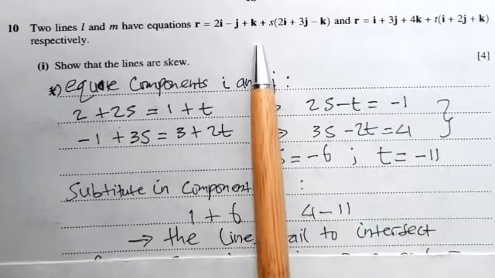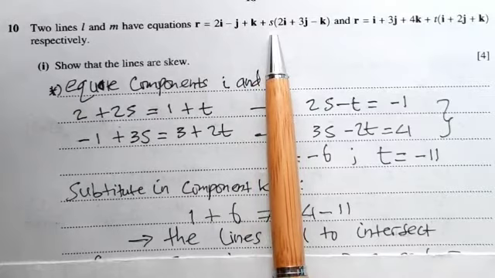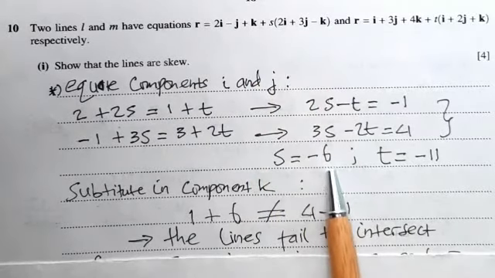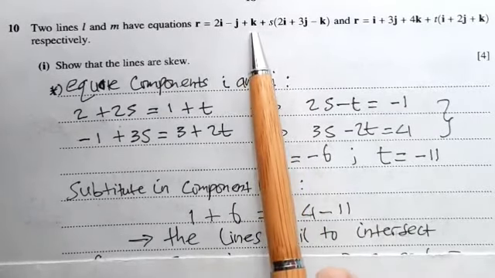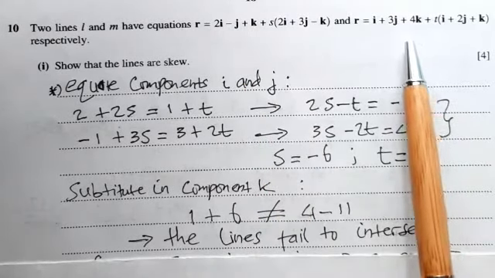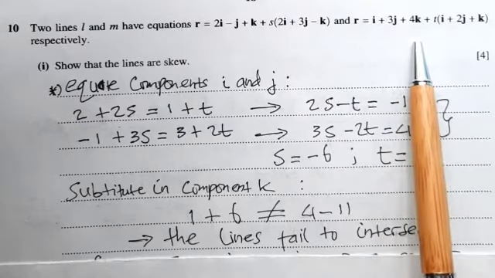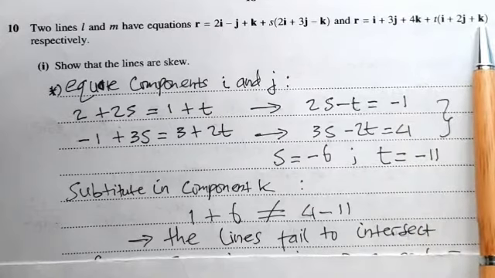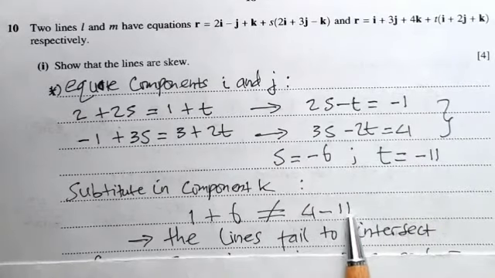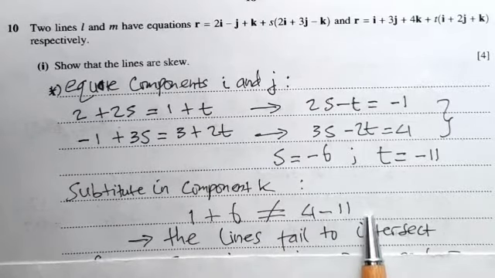Thus the k component of line L, that is 1 plus s times minus 1, but s is minus 6, thus 1 plus 6, and then the k component of line M, that is 4 plus t times 1, but t is minus 11, thus 4 minus 11. The 1 plus 6 is unequal to 4 minus 11. Thus the conclusion is the lines fail to intersect.